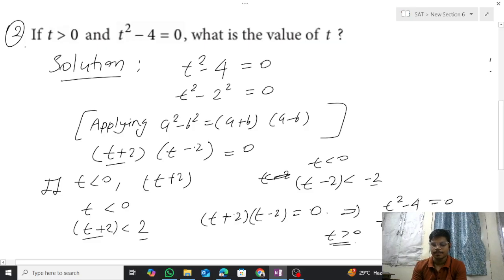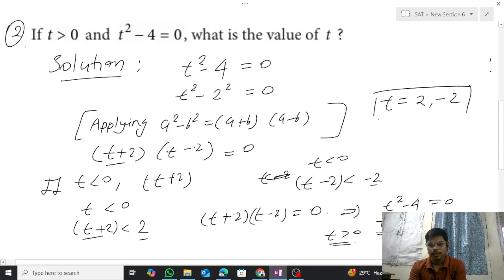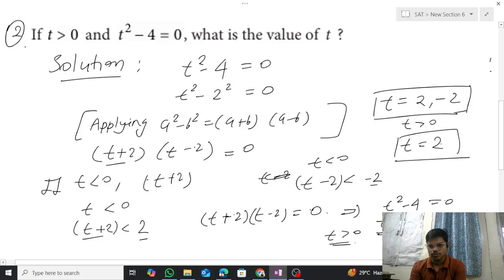For holding that condition, my t should be 2 or minus 2, because these are the two cases that hold. If t is equal to 2, your t square is 4. If t is equal to minus 2, your t square is equal to 4. Because my t is positive, I need to neglect minus 2. So the answer is 2.